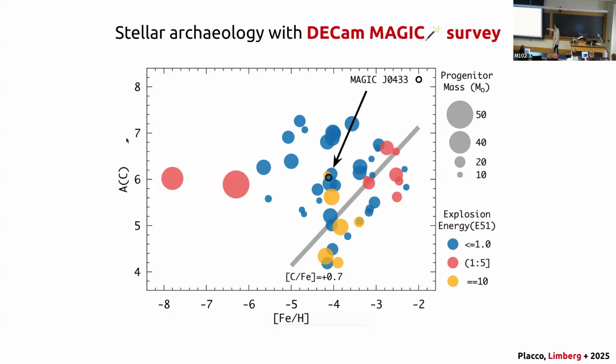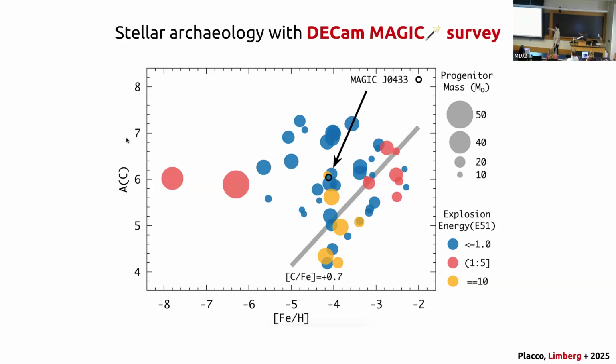If we make this model comparison, the stars that have very high carbon abundance tend to be blue in this figure, which means that they have somewhat lower explosion energies. So essentially all of the blue points right here have their original supernova with low explosion energies, and they produce a lot of carbon.